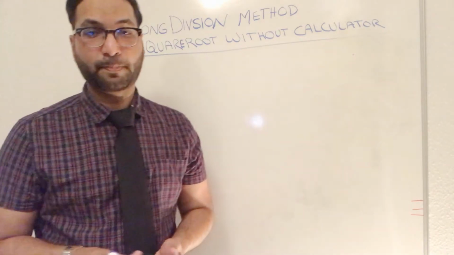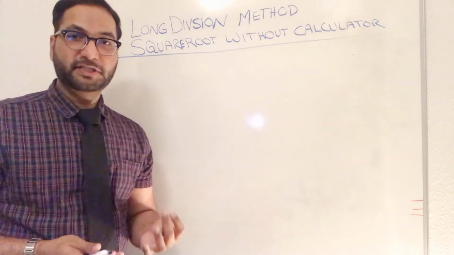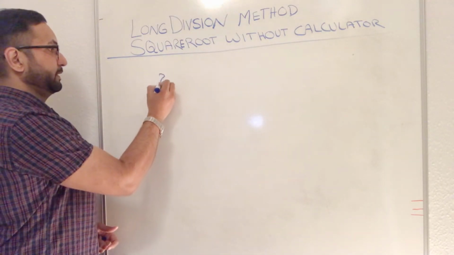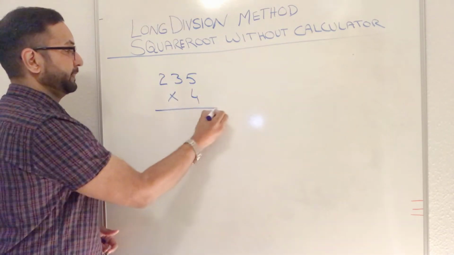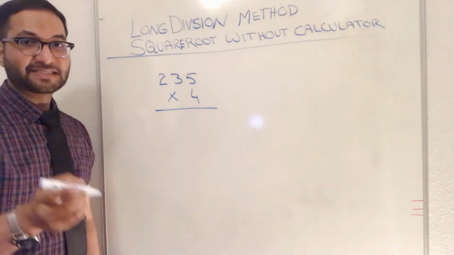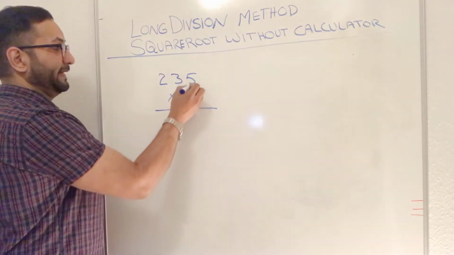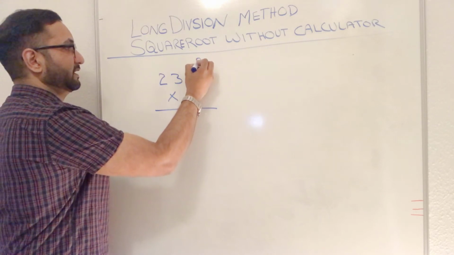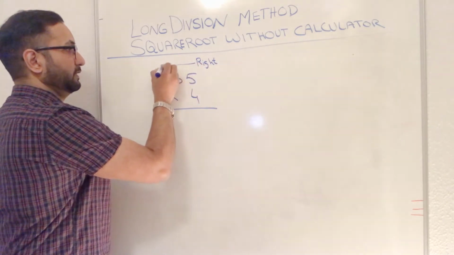Just like in multiplication, if I write down any value, 2 3 5, and times it by any number, whenever we multiply that value we always start from the unit, digit by digit, from right side to left side.